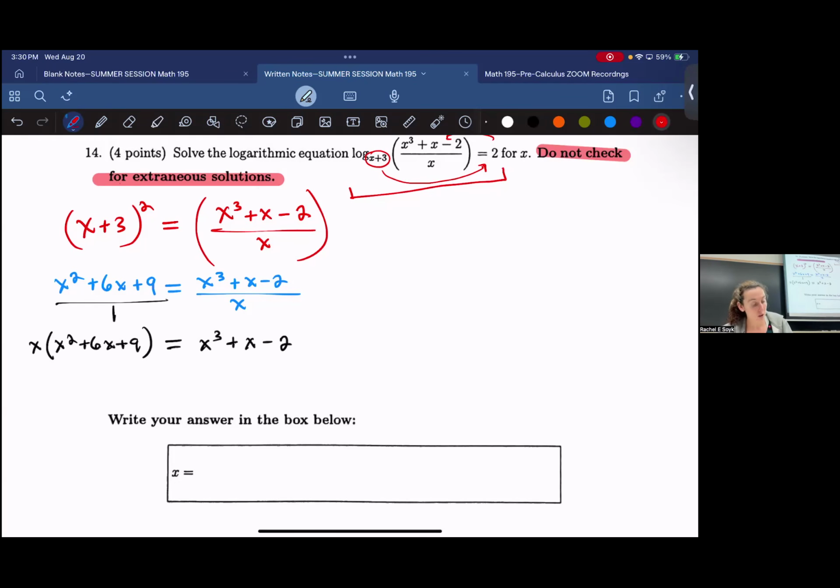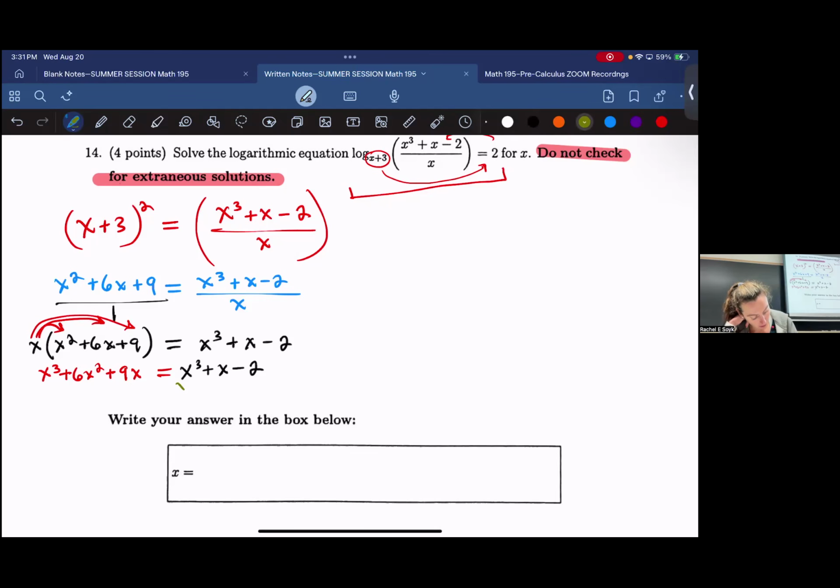Now let's use the distributive property, and then we might be able to combine some like terms. X to the third plus 6x squared plus 9x is equal to x to the third plus x minus 2. Let's bring everything over to the left-hand side.